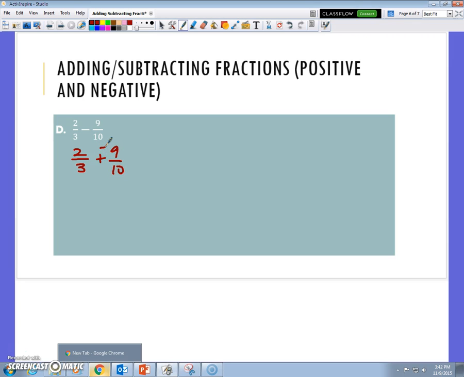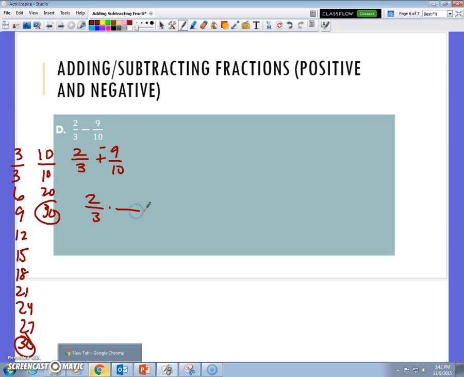So what we're going to do is this. I'm going to say 3 and 10 need to match. What's the smallest number that will make them match? All right, there it is, 30. So, this is going to be a big one. 2/3 times 1, 2, 3, 4, 5, 6, 7, 8, 9.